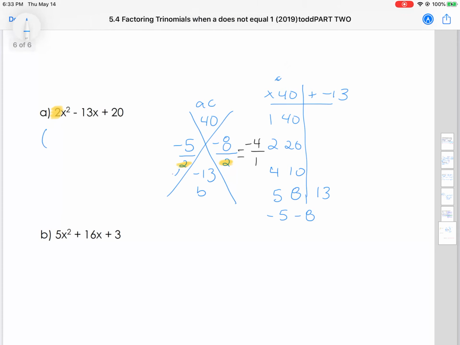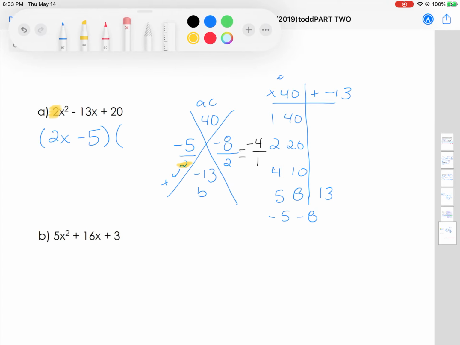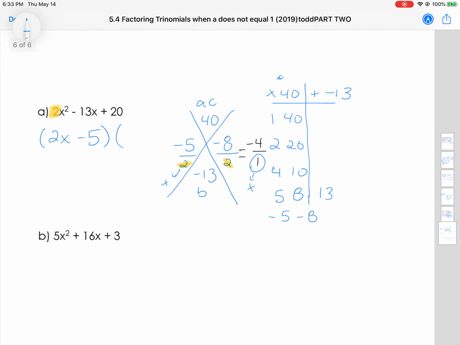So again, the bottom goes with the x. So it's 2x, and then the top -5, and then, not this one, sorry, x -4. You have to use the reduced one.